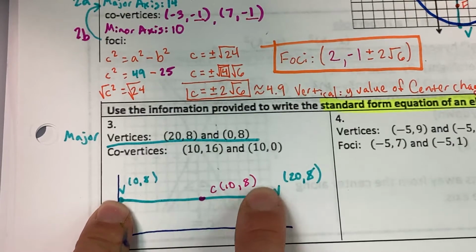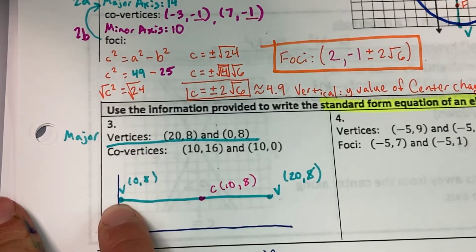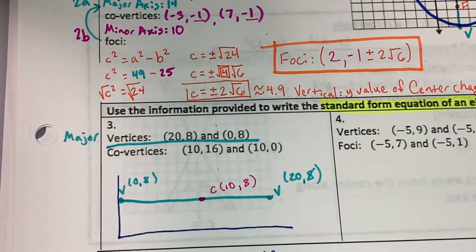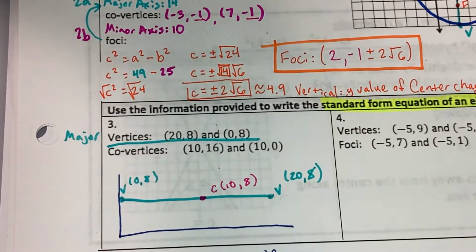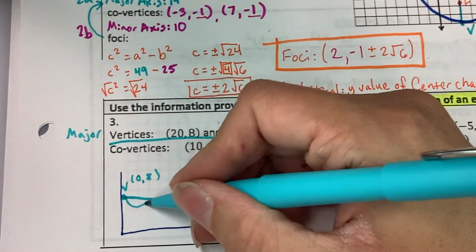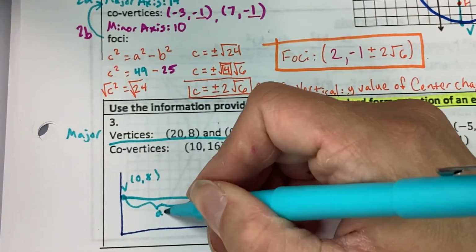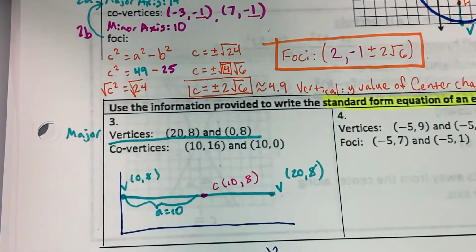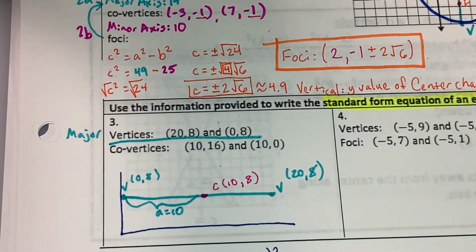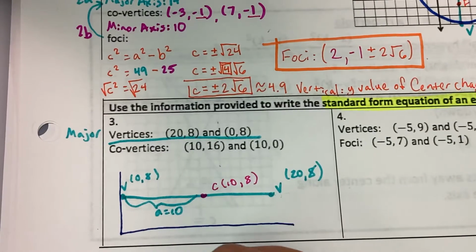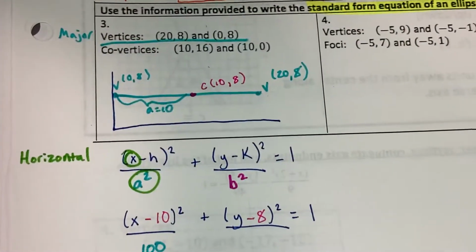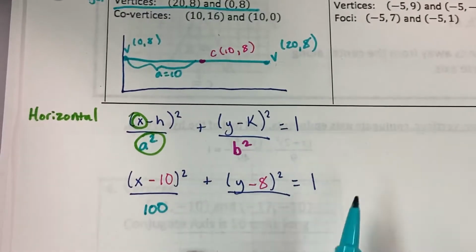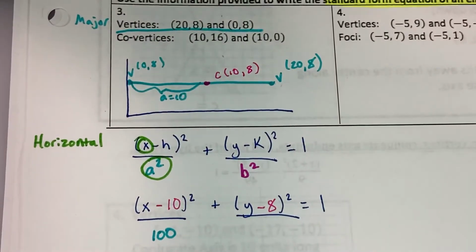If I go from 14, 8 down to 0, 8, we have moved 14 units. And if I go from 14, 8 to 28, we have moved 14 units that way. So this tells me that my a value is 14. So since my a value is 14, then 14 squared, or 196, goes in that a squared slot.